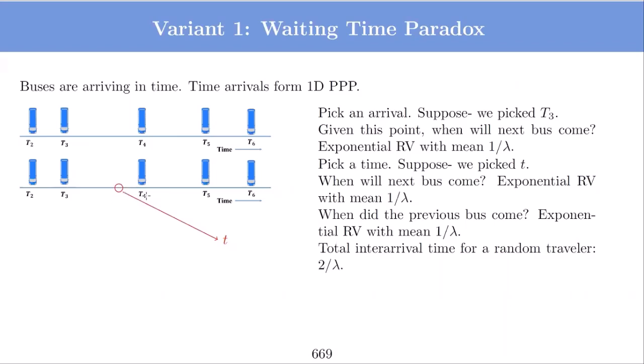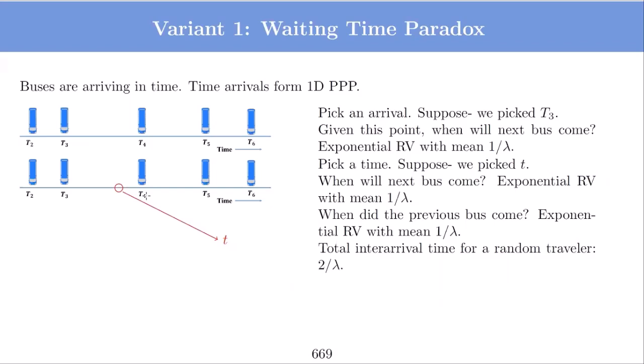So what is the inter-arrival time here between two buses? That is 10 minutes. So if you just pick a random user, or a random time at the bus stop, and then you ask what is the inter-arrival time between two buses at this point of time, that will be 10 minutes. That will be more than the typical inter-arrival time, right?